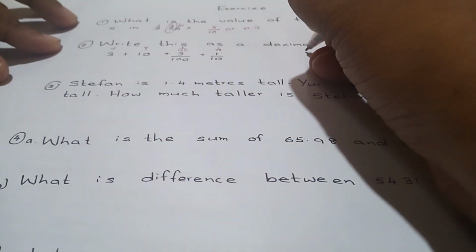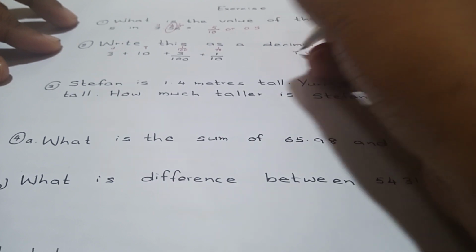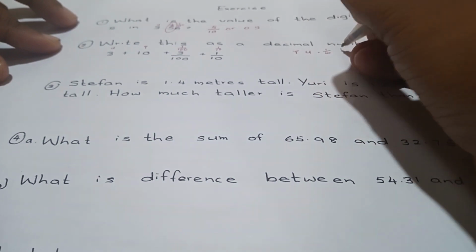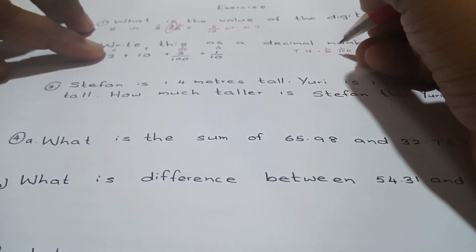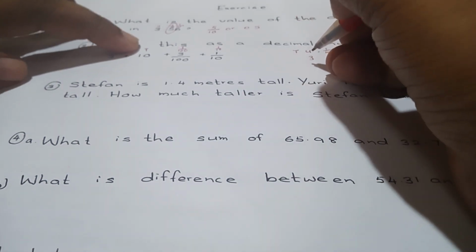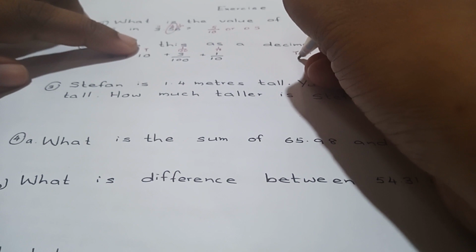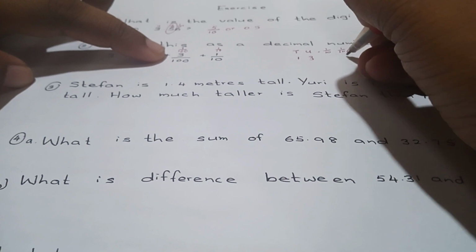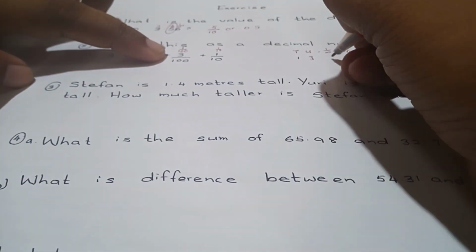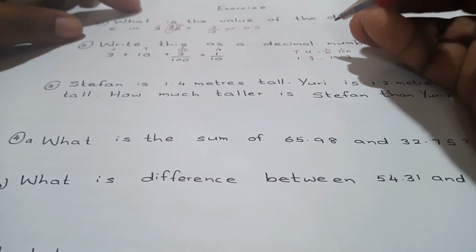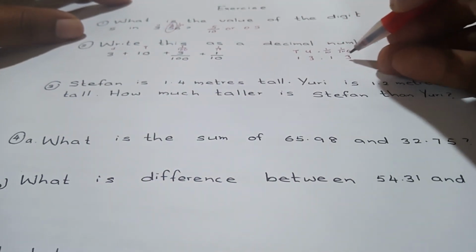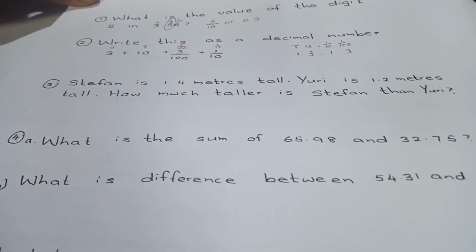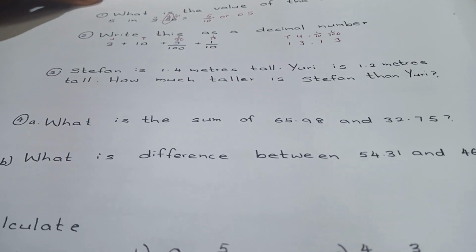We'll write unit, tens, decimal place, after the decimal the first is tenth, next hundredth. 3 units, 10, 300, 1/10. The answer will be 13.13.